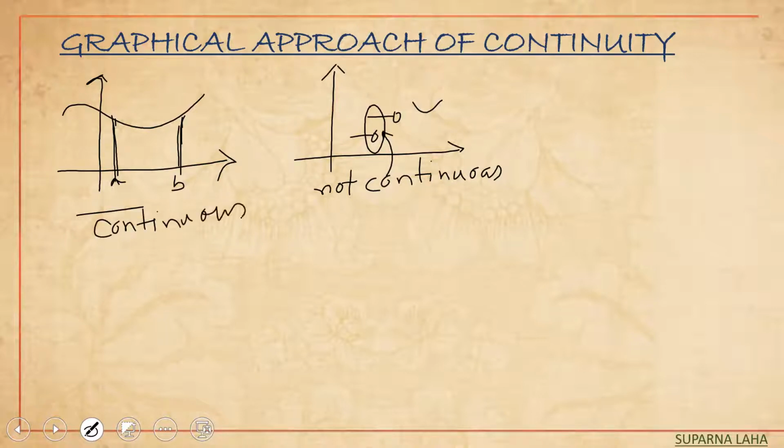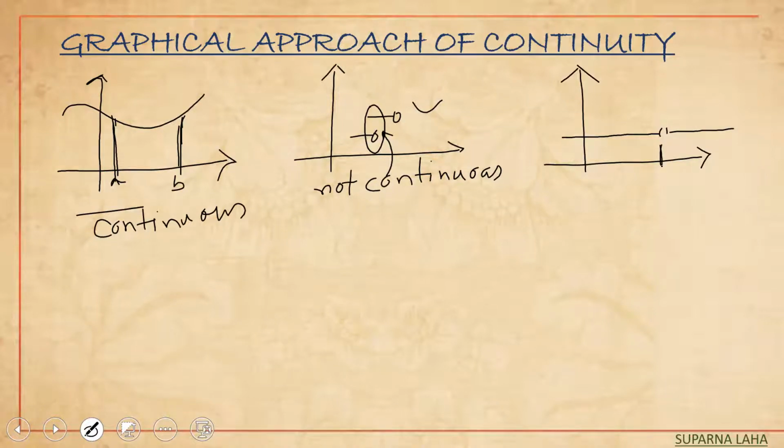Now check some other graphs. If the graph looks like that, all over the function is behaving the same, only leaving one point. Except this point, every point is defined in this graph. Now this point has a different value.